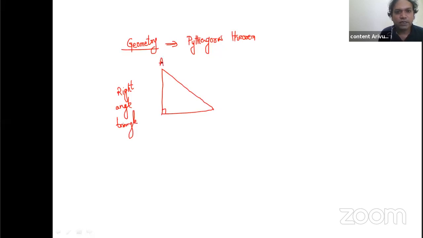Suppose we have A, B, C. Then this AC is the longest side. And the longest side of a right angle triangle is also called the hypotenuse. What is it called? Hypotenuse. Now the basic thing is this, that the sum of the squares of the smaller sides, AB square plus BC square, is equal to AC square.